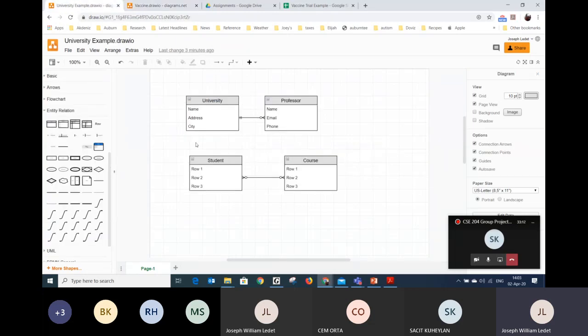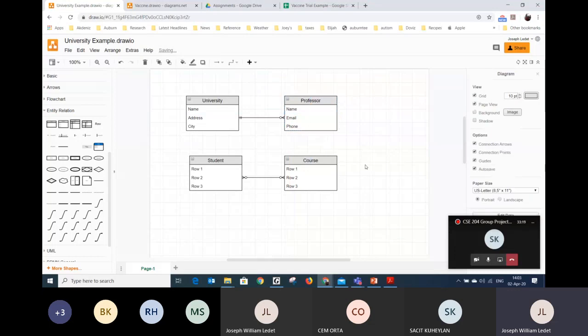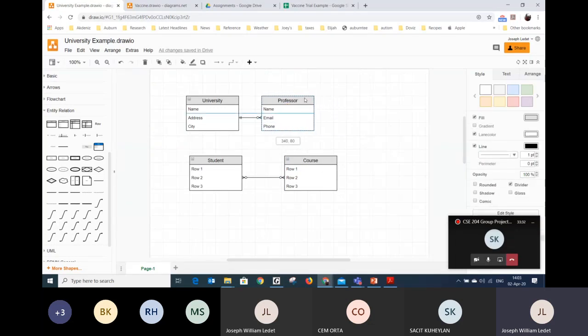So for example here, let's say we wanted to show the relationship between a professor and a course. Let's say that in this example, we're going to assume that a course represents a specific class in a specific semester. Now the way that we might say it is, okay, a professor can teach many courses, but a course can be taught by only one professor.